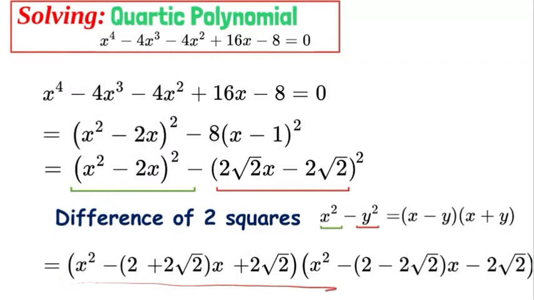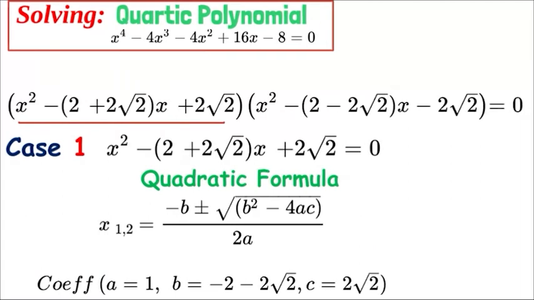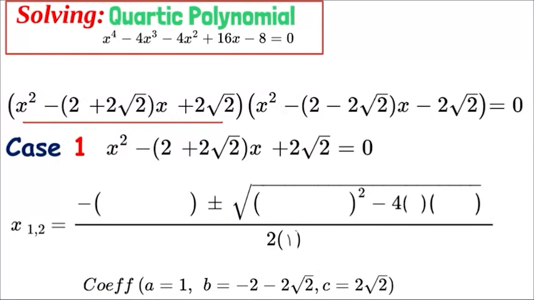Right, so these are going to be quadratics, and they're factors of the quartic. Now we're going to solve for the first quadratic factor of the quartic equation. So we're going to apply the quadratic formula, and we're going to assign the coefficients of 1, minus 2 root 2 for B, and 2 root 2 for C. So let's input them into the formula and calculate out the first two roots, x1 and x2.